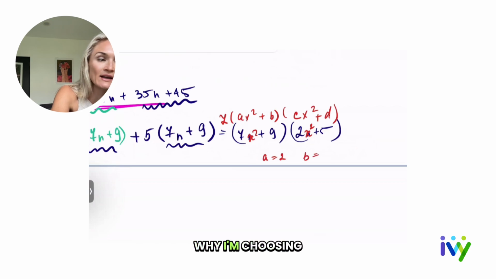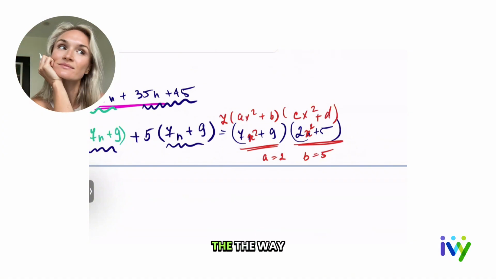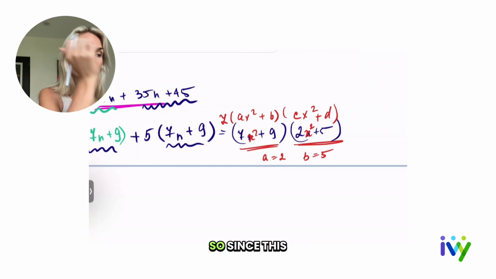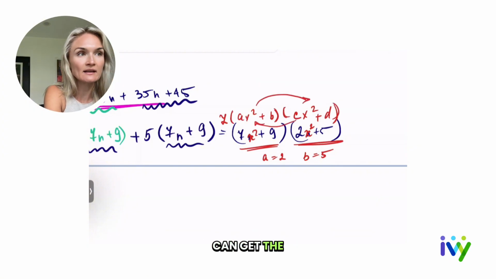Is it clear why I'm choosing this rather than this? Yes, because it would be the same if you changed the order of the variables. It would be the product property, if you also remember it from elementary school. A times B is the same as B times A. So since this is a term and this is a term, we can just change their order so that we can get the correct answer.